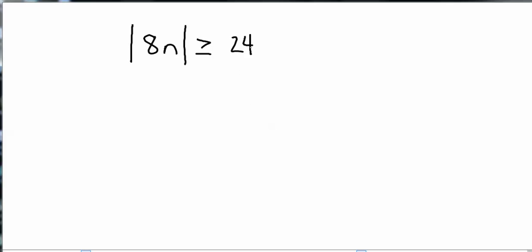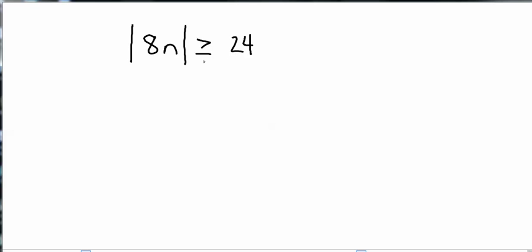When you're dealing with a greater than or equal to, or a greater than absolute value inequality, and you've got the absolute value symbol by itself, you're going to rewrite the equation as an or problem. We're going to rewrite it with two equations.